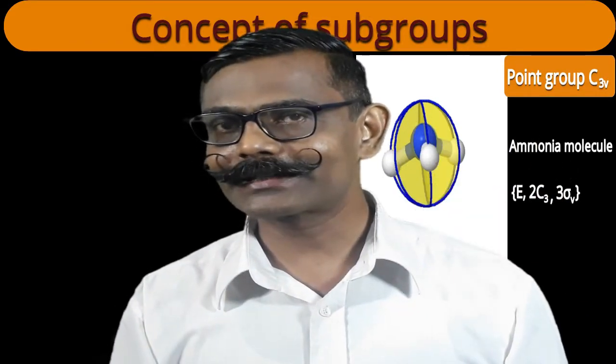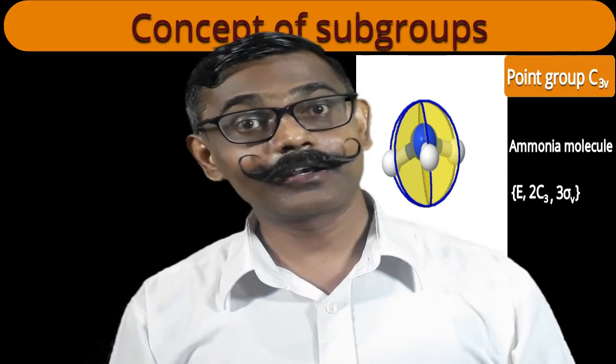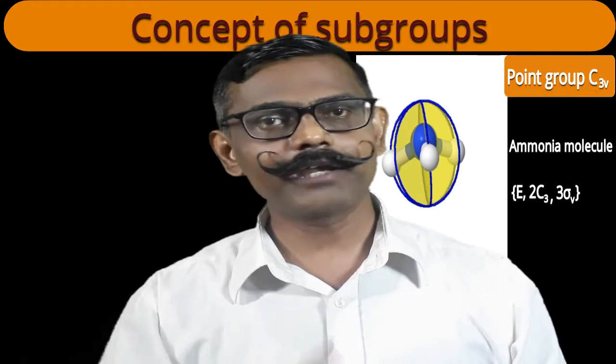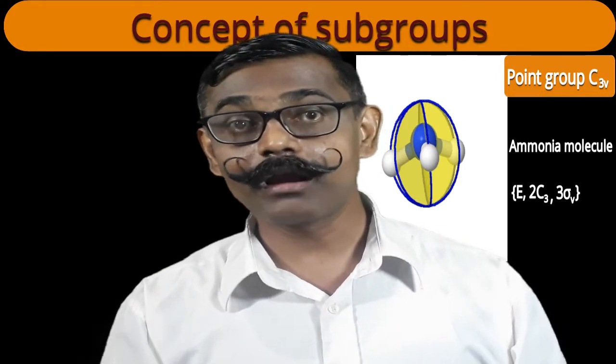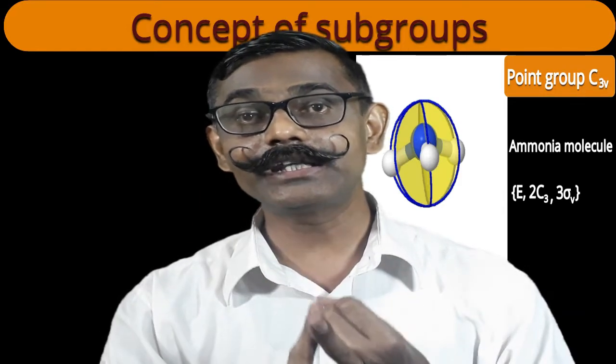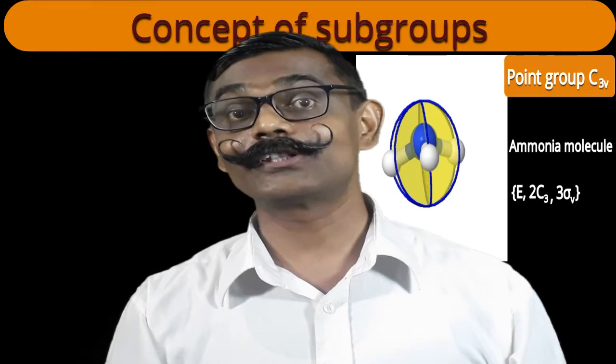Point group is Cs. Next, identity and sigma double dash. Point group is Cs. Their total number of operations is 2, g is equal to 2, and by number 2 we can divide the number 6. So a total of 5 subgroups are there. Which are those? C1, C3 and 3 Cs subgroups we are getting for the C3v point group.